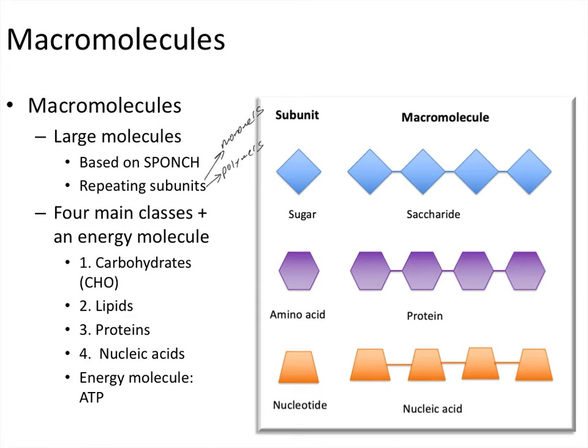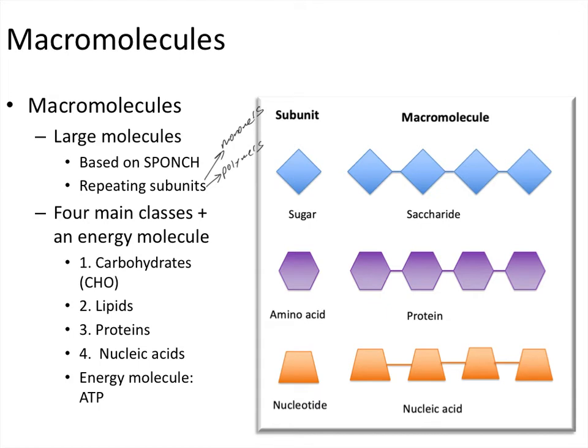Most of the time, when we talk about macromolecules in biology, we are talking about monomers strung together to create polymers, which are very large molecules that play a specific role in the structure and/or function of living organisms.